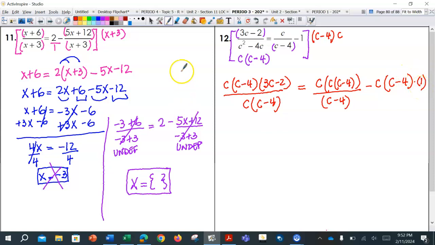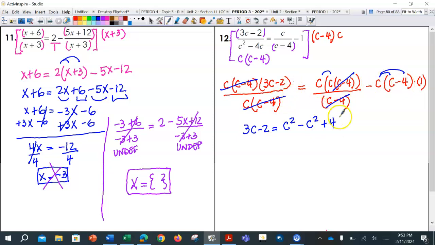Okay, so now we can cancel a couple things, like I mentioned. We can cancel this with this, and we can cancel this with this one, right? So we end up on the left with 3c minus 2, and here we have c times c is c squared, right? And if I distribute the c here, it will be minus c squared plus 4c, negative c times negative 4.